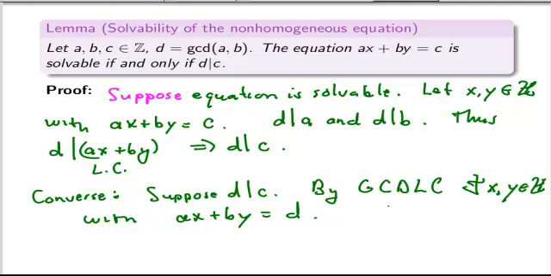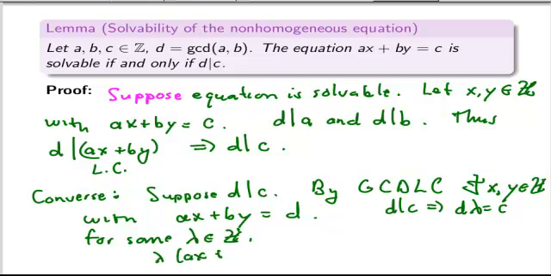So d divides c means that d times lambda equals c for some lambda. So I'll just multiply this equation through by lambda. Like that. And on the right-hand side, we have c.